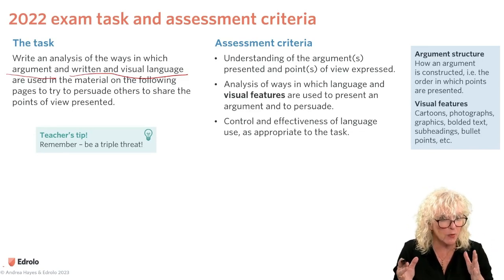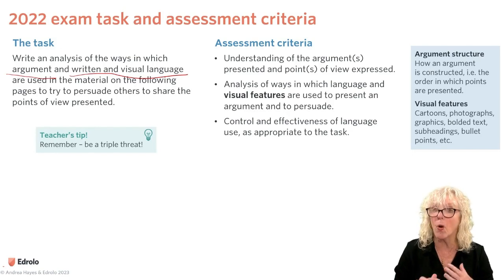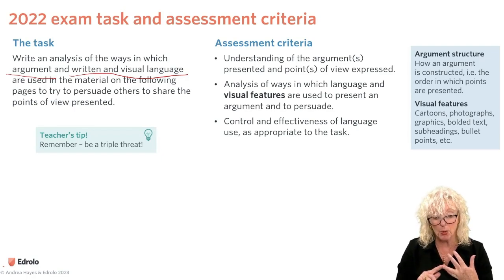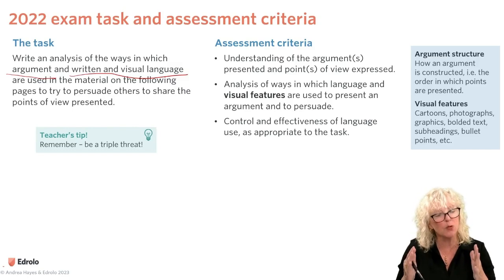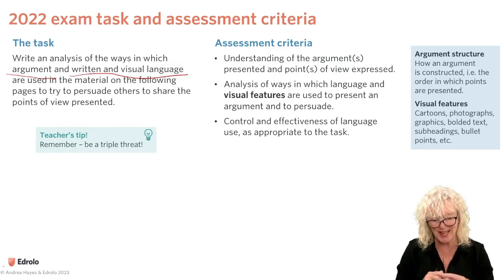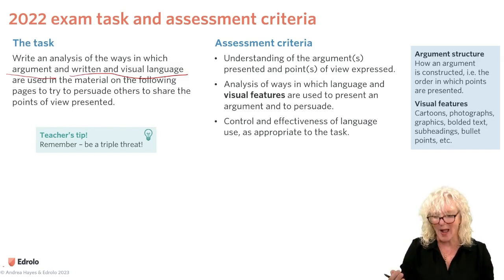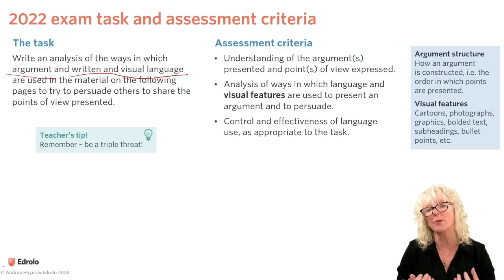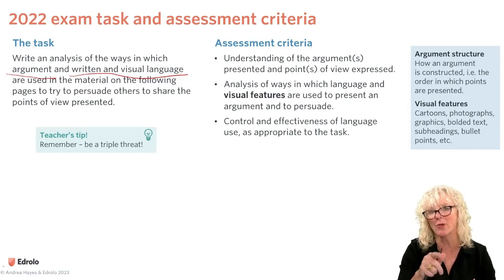The assessment criteria for the exam is holistic. 3 main points. 1, understanding the argument presented and points of view expressed. 2, analysis of ways in which the language and visual features are used to present an argument and to persuade. And control and effectiveness of the language use as appropriate to a task. This is your own language.